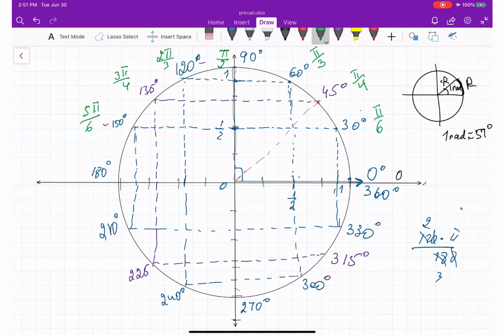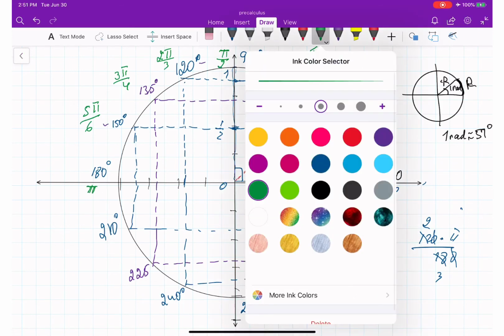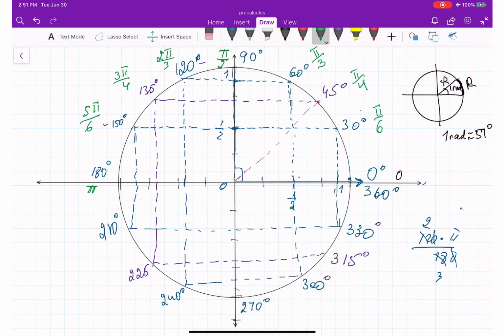180, we know that's pi. And 210 will be 7 pi over 6. 225 will be 5 pi over 4, I'm sorry. 240 will be 4 pi over 3. 270 will be 3 pi over 2. 300 will be 5 pi over 3.